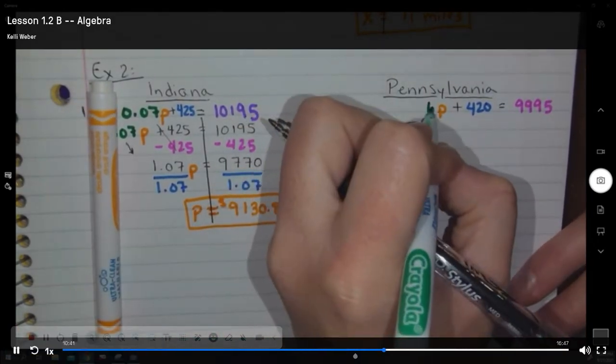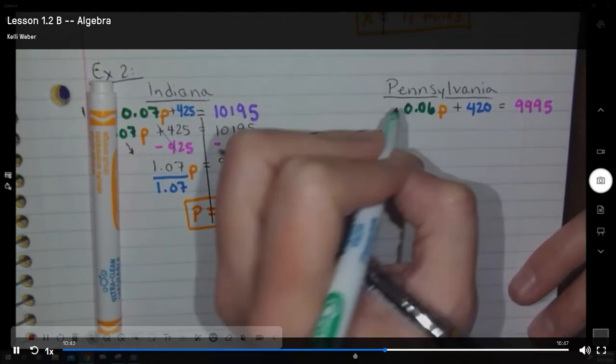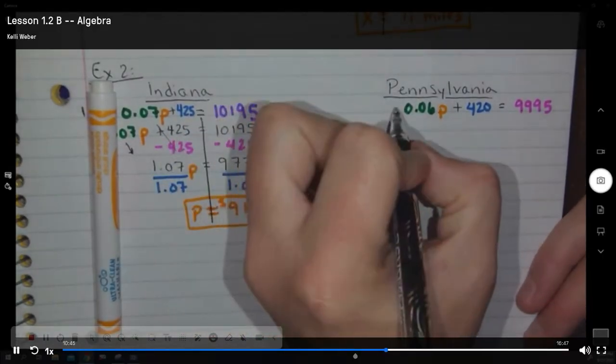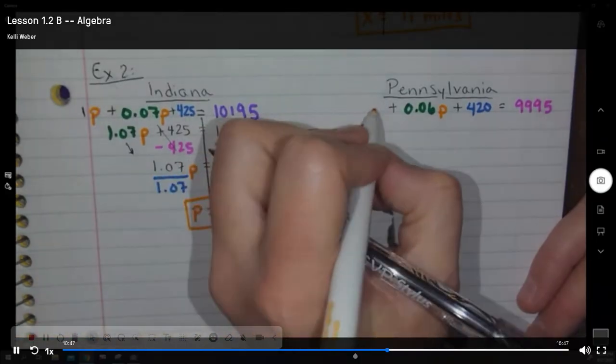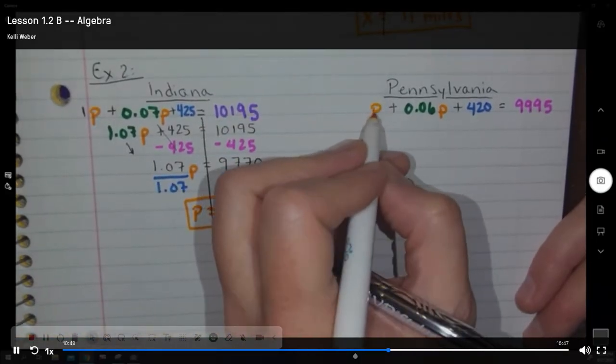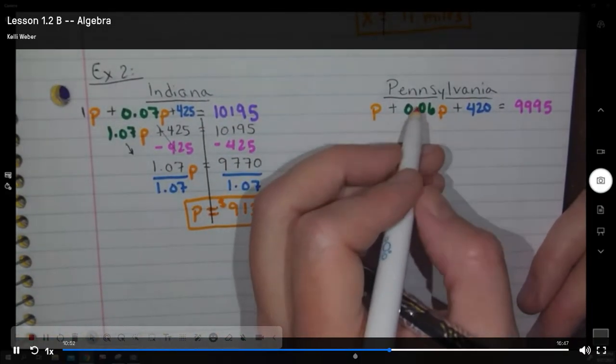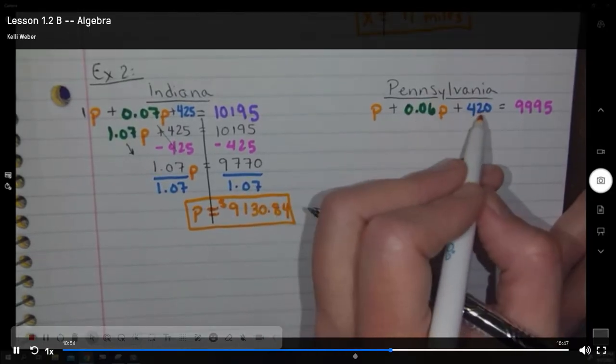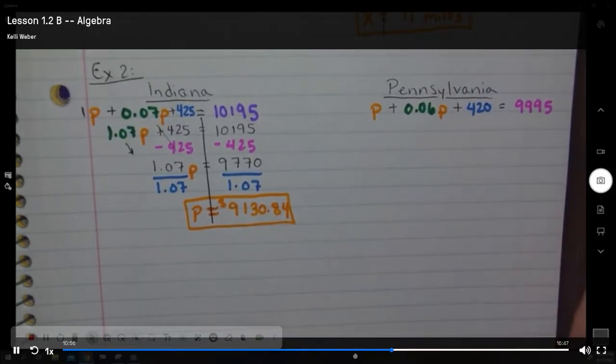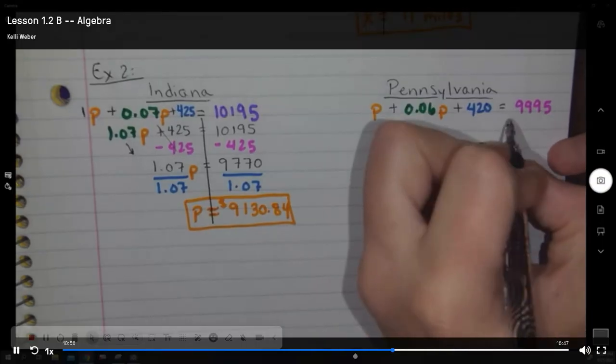So that would be 0.06. And then we have to remember to include our initial cost. So you got to pay the cost, pay the 6% sales tax, so 6% times the cost, plus our fees of $420 equals $9,995.